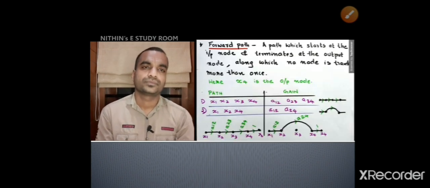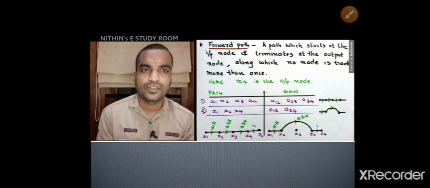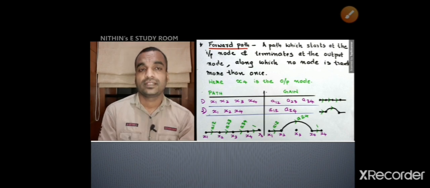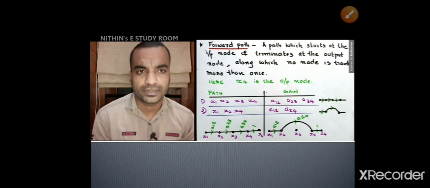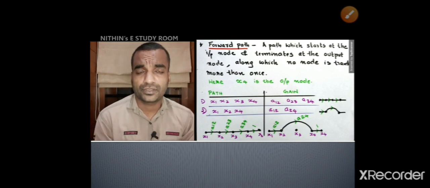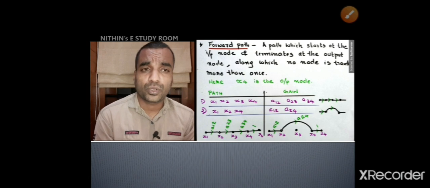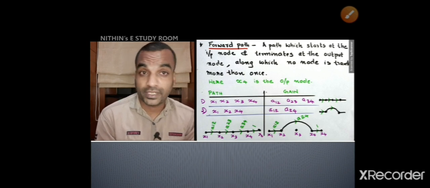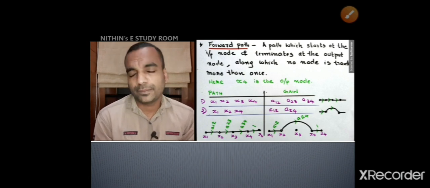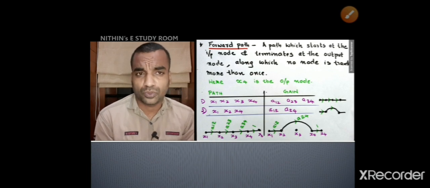Now, forward path. A path which starts at the input node and terminates at the output node along which no node is traveled more than once. This is the definition of a forward path. So all forward paths should start from the input node and end at the output node. In our case, x1 is the input node and x4 is the output node.